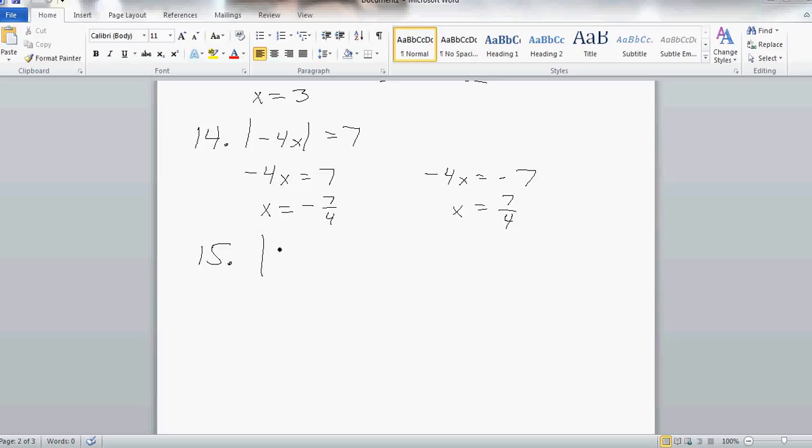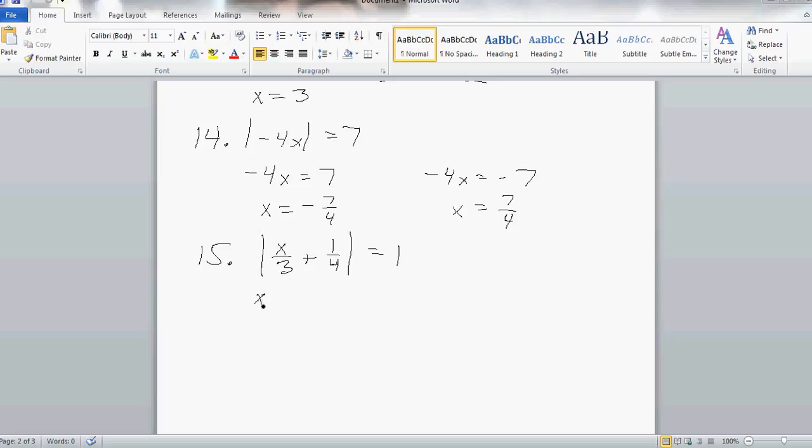Number 15. The absolute value of x over 3 plus 1/4 is equal to 1. Well, we have this absolute value all by itself, so that means we can immediately put it into two separate equations.